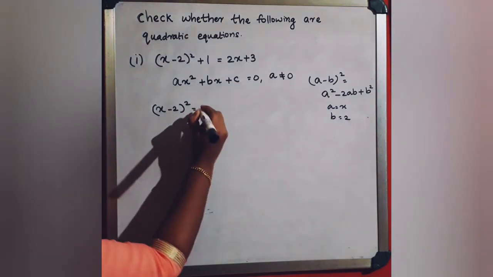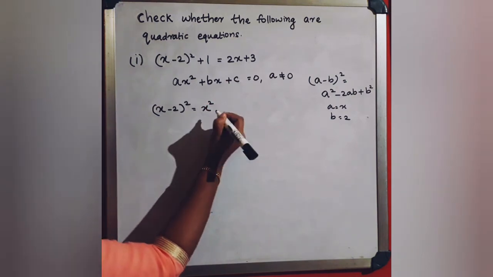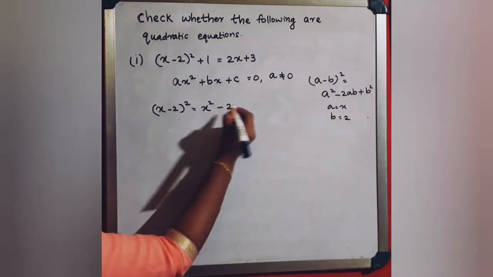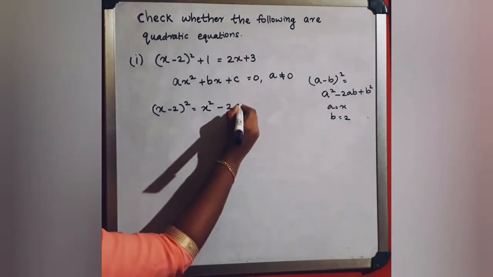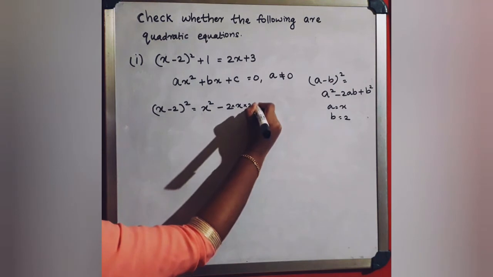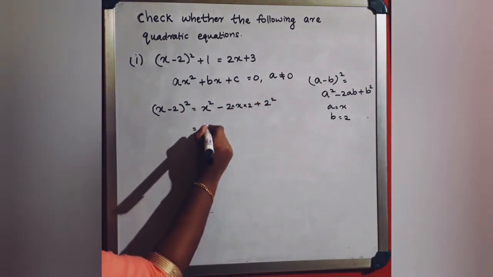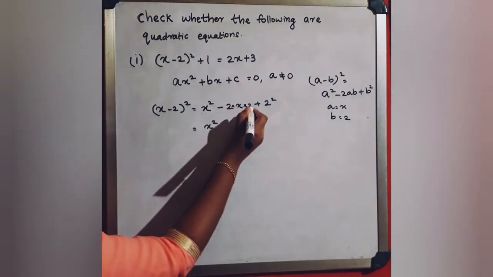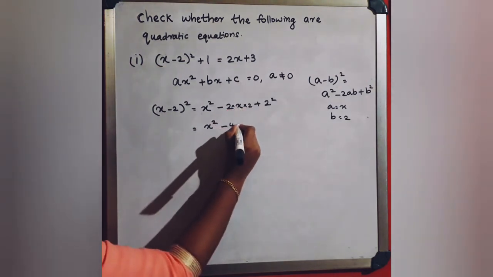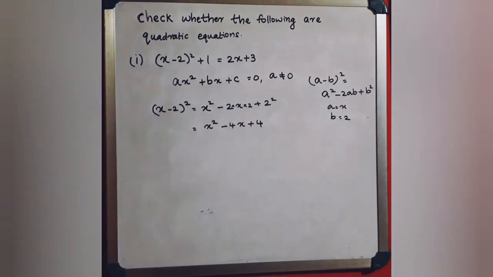So a square means x square, minus 2 into a is x and b is 2, 2 into 2x is 4x, plus b square is 2 square, which is 4. So x minus 2 whole square can be written as x square minus 4x plus 4.